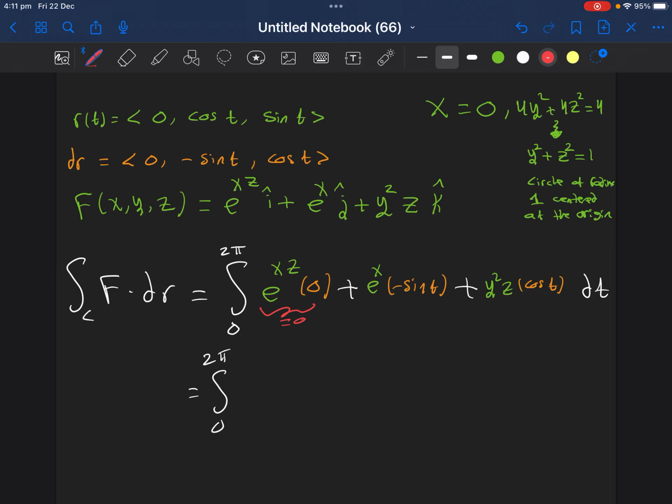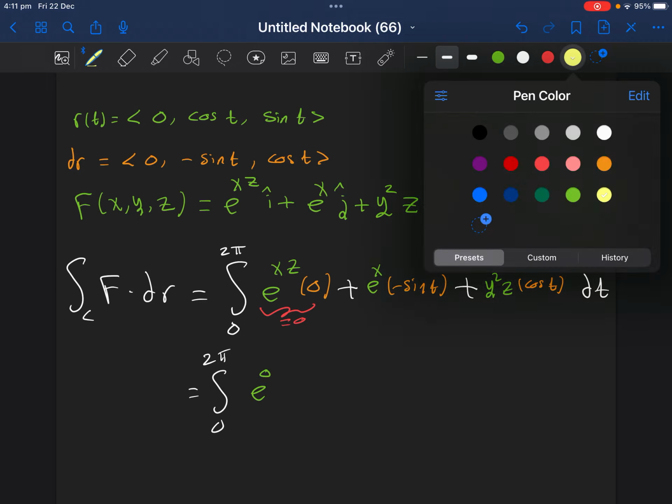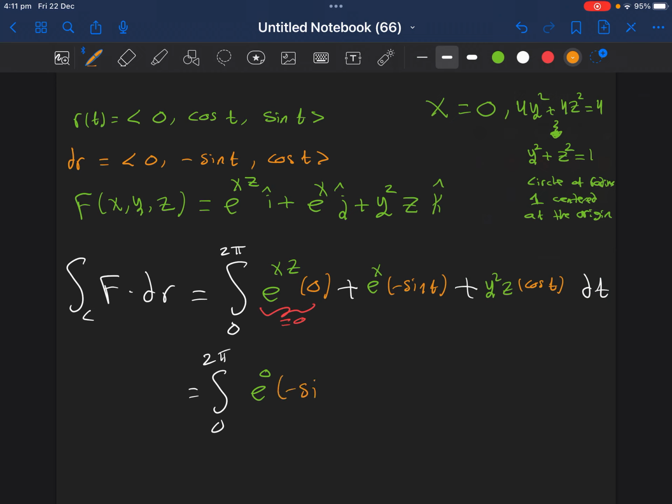Now, substituting x, I get e to the power 0 times negative sine t, plus the y, which is cosine squared t, the z, which is sine t, and from the derivative, cosine t dt.